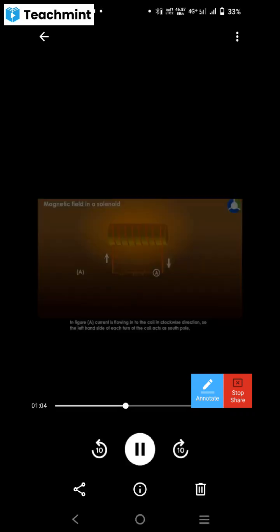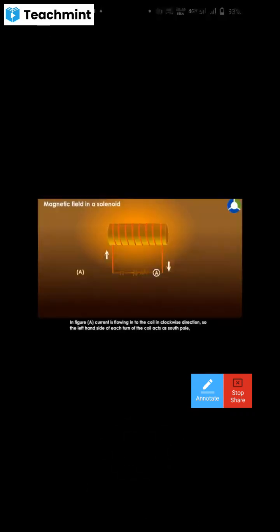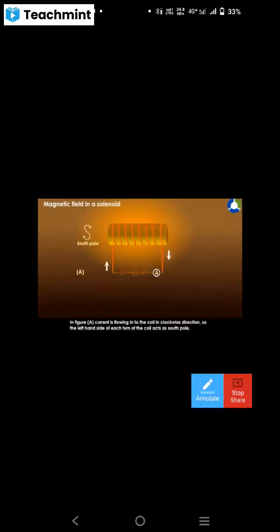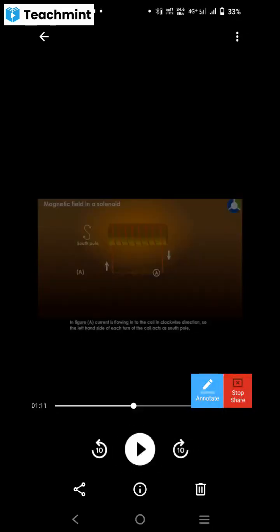Clockwise direction, the current is flowing. See, it became south pole when the current is passed through this solenoid in the clockwise direction. So the left side becomes south pole, and the right side becomes north pole. Which pole is the right side? North pole.